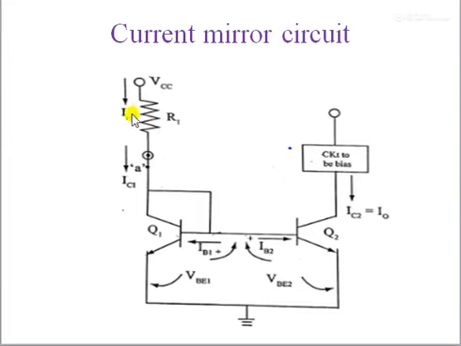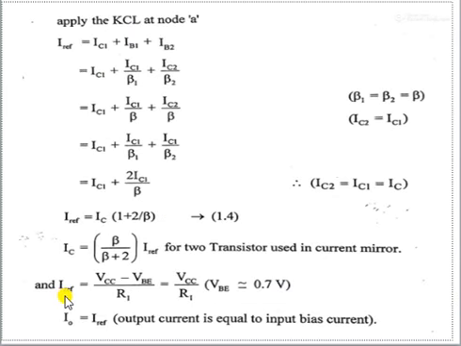Applying KVL, I reference is equal to VCC minus VBE divided by R1. VBE is equal to 0.7 volt, and therefore I reference is approximately equal to VCC by R1. Therefore we can find that I0 is equal to I reference, which in turn is equal to VCC by R1.